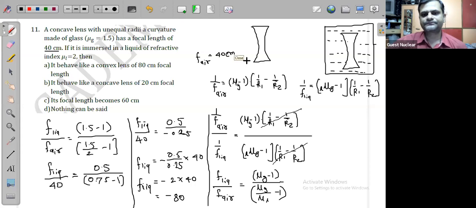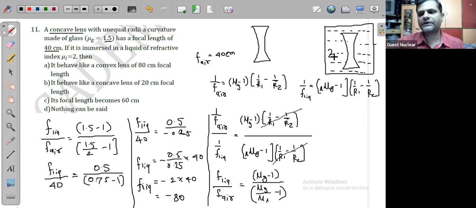That means yes, already it is the concave lens, right, outside the liquid. But when it is put in the liquid whose refractive index is just greater than its own material, मतलब देखो ग्लास का मटेरियल का रिफ्रैक्टिव इंडेक्स कितना है 1.5 है और लिक्विड का कितना है 2 दिया हुआ है.